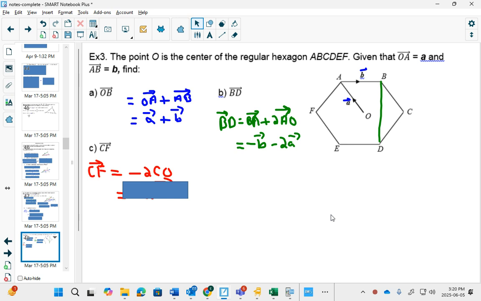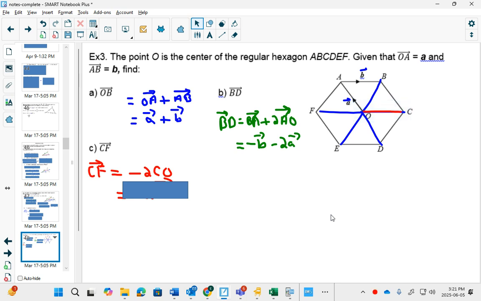I guess here we have to know a few things about hexagons. Because it does tell us it's a hexagon and it's a regular hexagon. Did you know a regular hexagon is made up of a whole bunch of equilateral triangles? And each of them have the same length. And so my A to B vector is equal to my C to O vector.